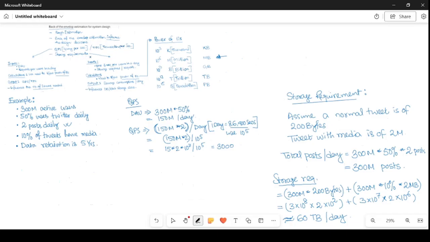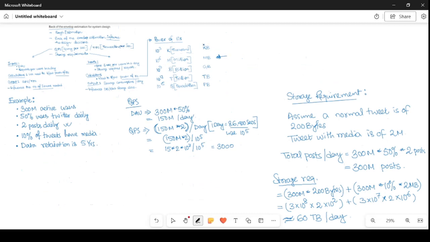On the other hand, storage requirements are an indicator for our DB and blob storage size, retention period, archival mechanism, and many more. We realized that for both QPS and storage requirement calculation, we need to know about power of tens. This table is sufficient to calculate QPS and storage requirements.